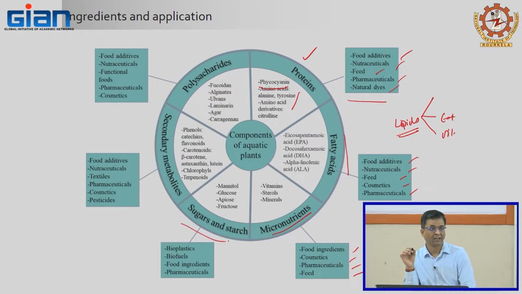Sugars and starch, including all others, chitin and chitosan, can also be used for bioplastics, biofuel, food ingredients, pharmaceuticals. Again, secondary metabolites, that is your phenolic compounds, and some like astaxanthin, which is coming again from seafood, and certain carotenoid compounds. They all have similar applications.